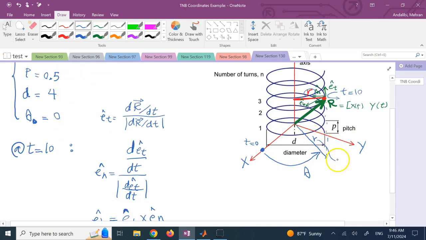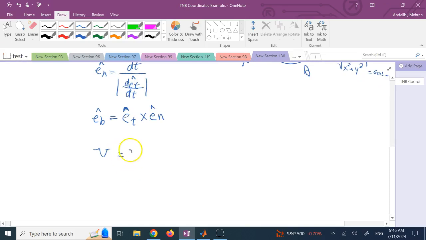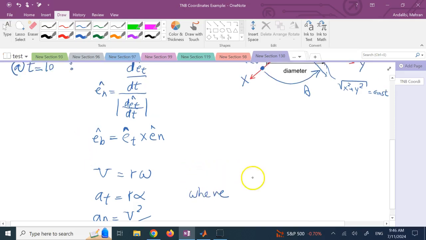This R, which is the square root of x squared plus y squared, is constant. And so we can say that v equals R times omega, and the a tangential is going to be R times alpha, where alpha is the time derivative of omega, and an is going to be v squared over R. Where again R is that square root.